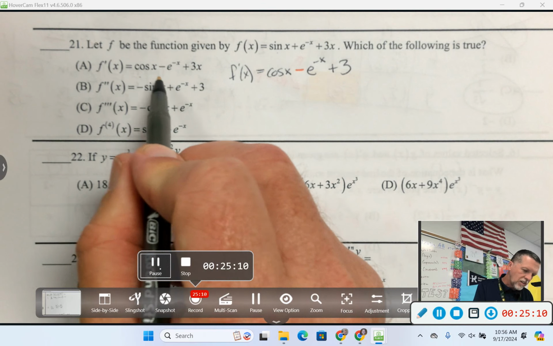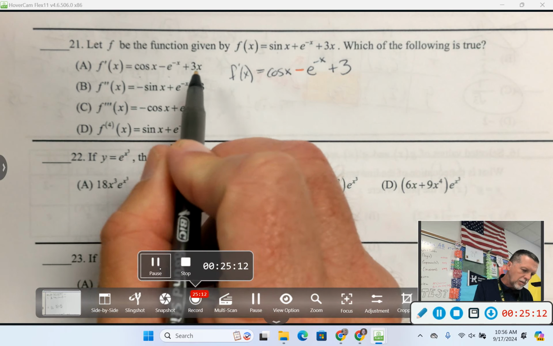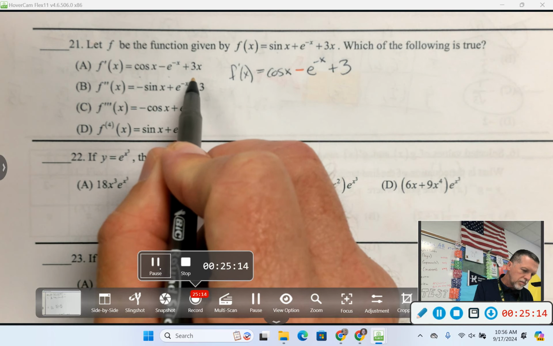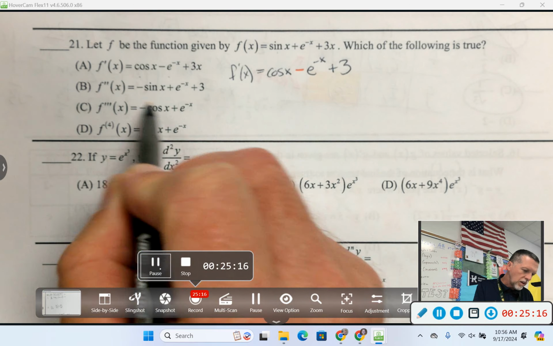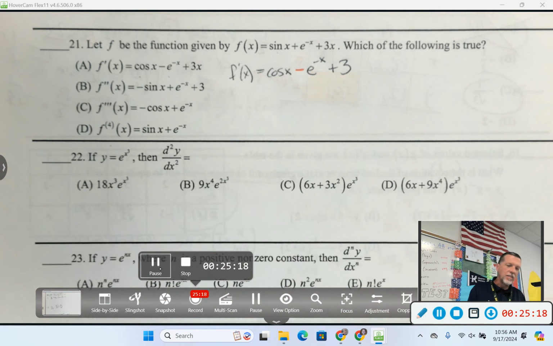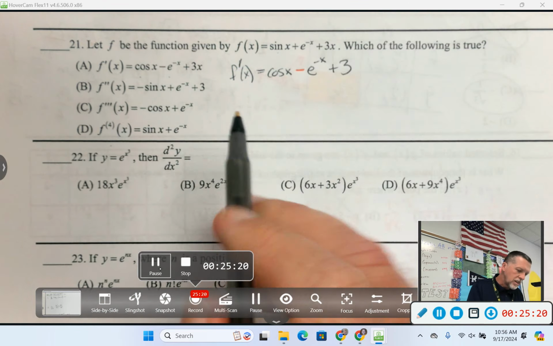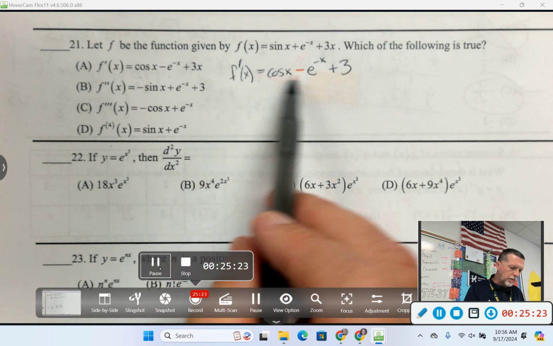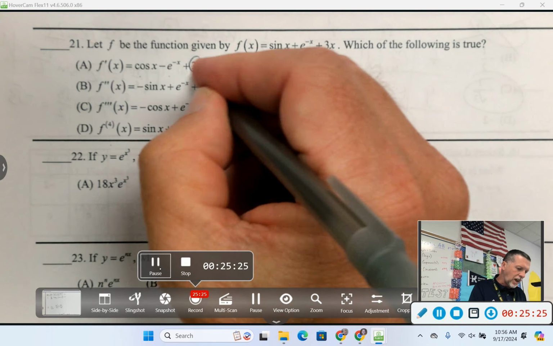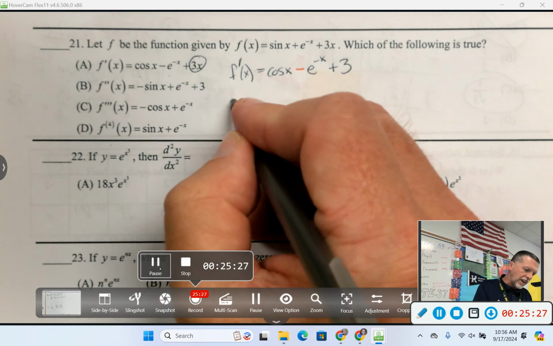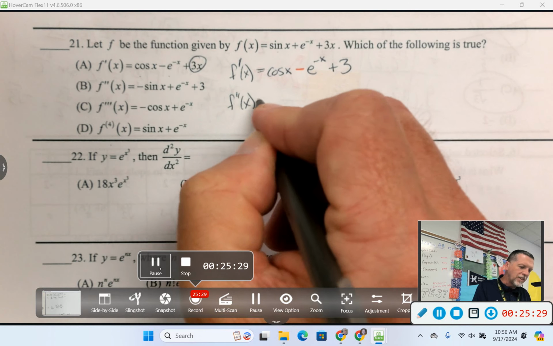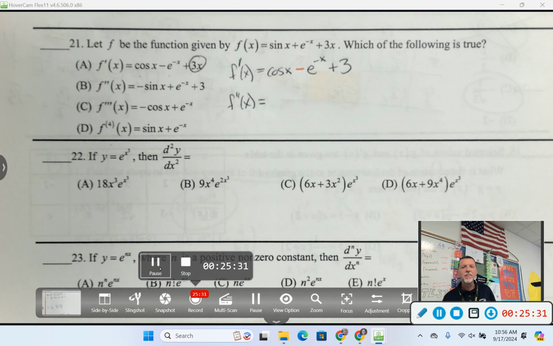Cosine of x minus e to the negative x. Oh, second derivative, third derivative, fourth derivative. That's the problem. Okay, so there's the first derivative, but that's not right because of that 3x. So I guess let's take a second derivative. I hope we find this before I get to the fourth derivative.